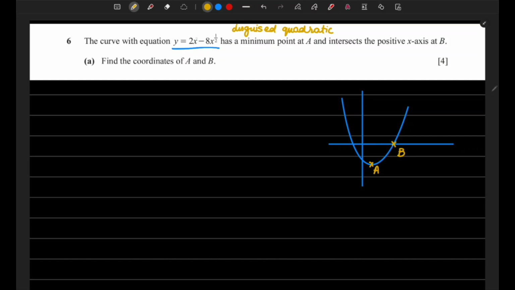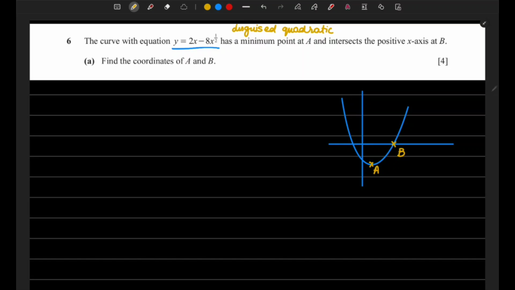Here we have x to the power 1 and half of that power. This type of equation is called a disguised quadratic, where you have double power, then half the power, and then maybe a constant term. So it will be a quadratic equation like this. Coordinates of A and B.